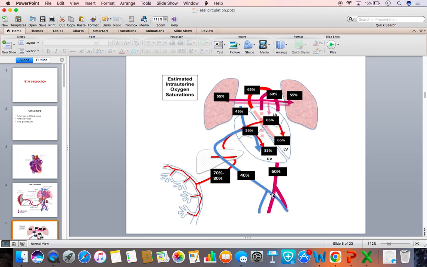Ultimately, this blood is taken by the umbilical arteries to the placenta for reoxygenation.